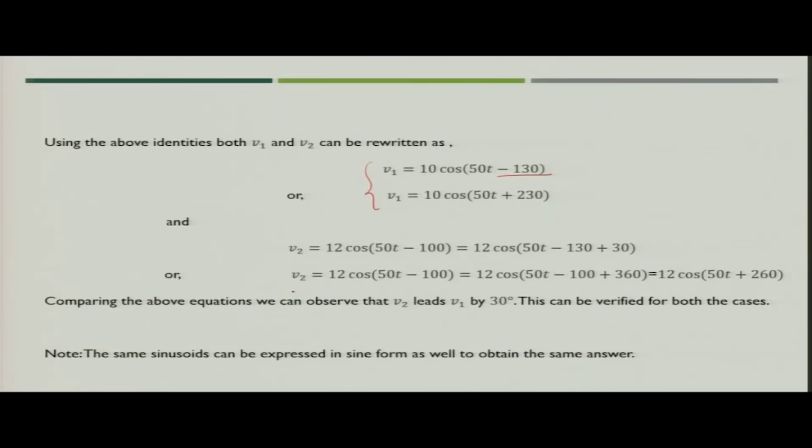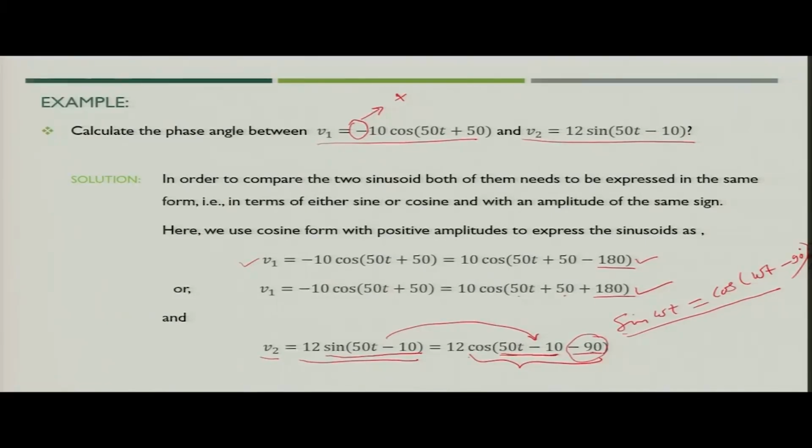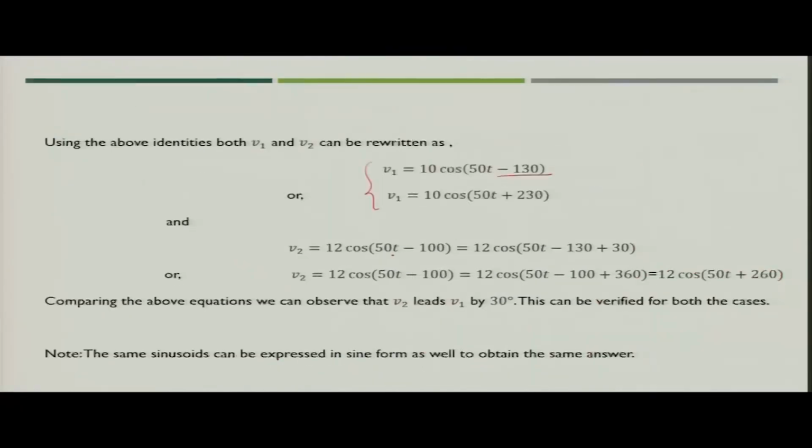Now, V2 you can simply write 12 cos(50t minus 100), because that is minus 10 minus 90. You can change this value as minus 130 plus 30, so that you can easily compare both of them.